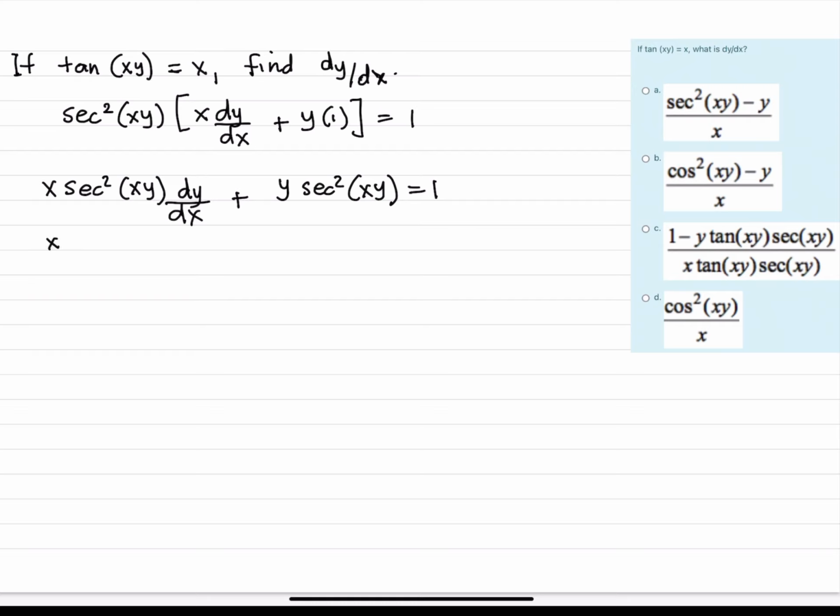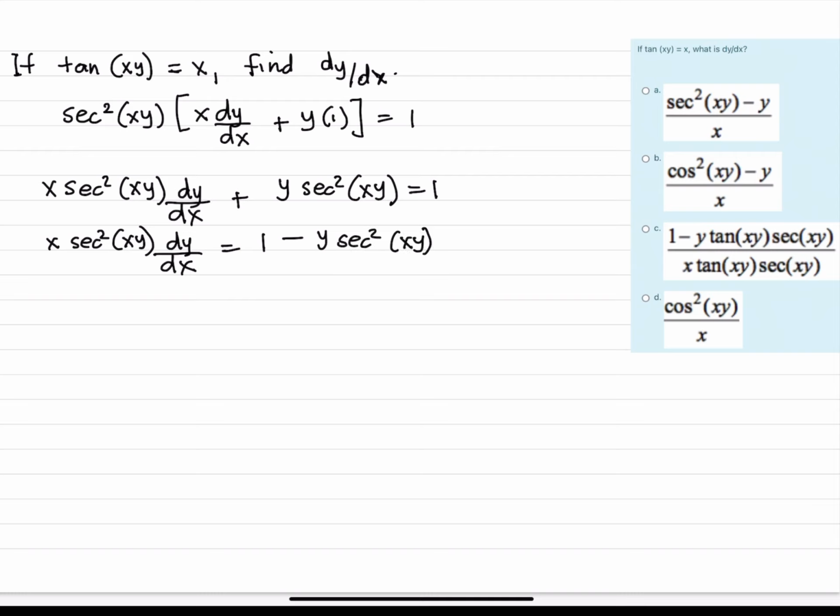Then we have x secant squared of xy dy over dx equals 1 minus y secant squared xy.